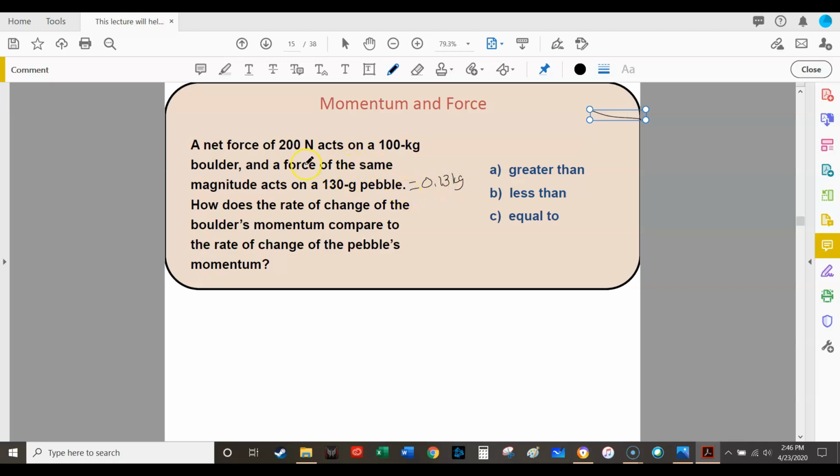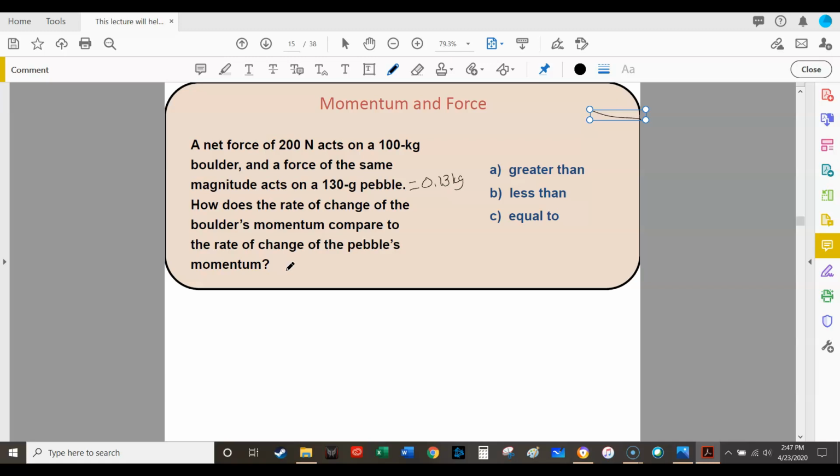So we're being asked, given this force and these two different objects, how does the change in a boulder's momentum compare to the change of the pebble's momentum? So I guess what they're saying is, is the boulder's change in momentum greater than, less than, or equal to the change in momentum of the pebble? So go ahead and take a moment and try to answer this question for yourself, okay?